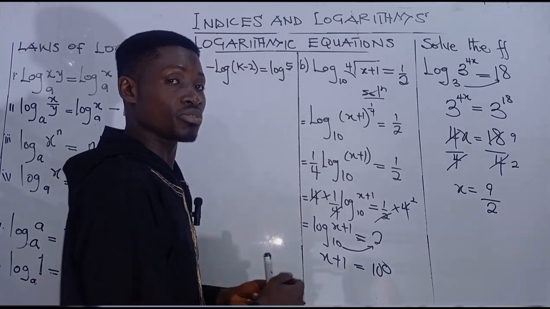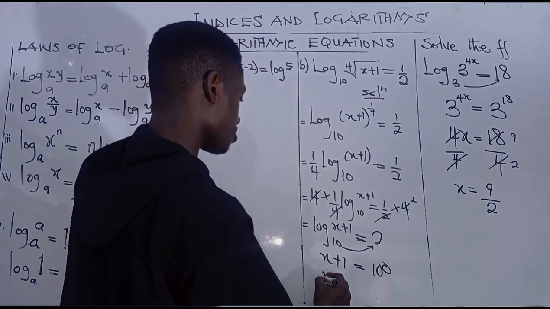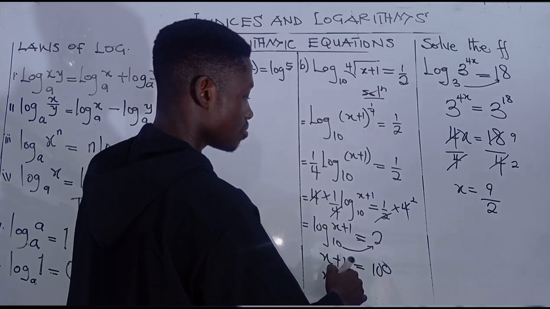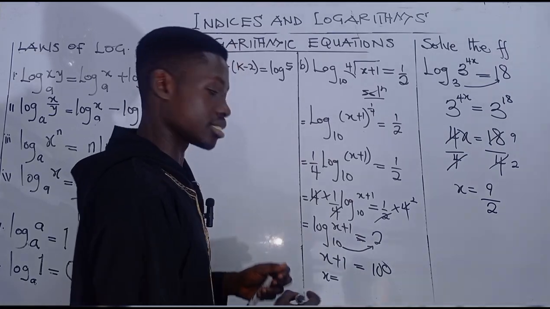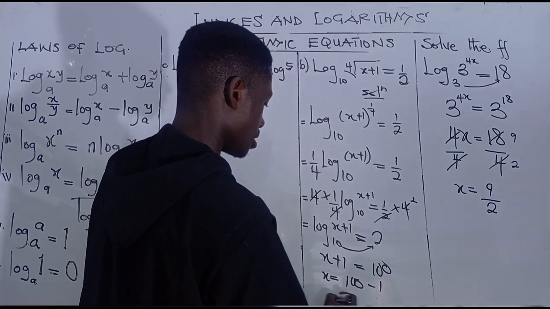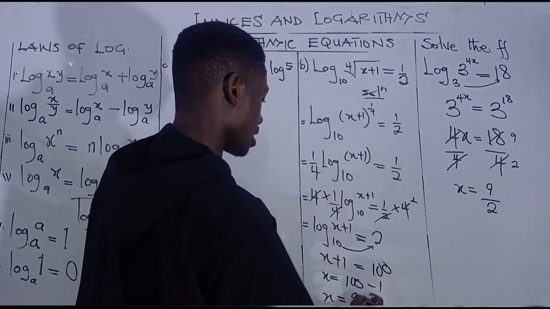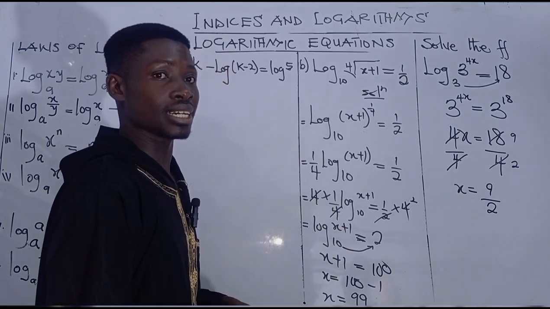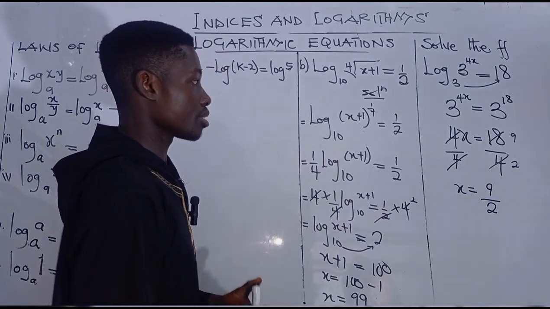Now our interest is to find the value for x. So you just have to move the 1 to the right hand side and you will have 100 minus 1. So we have x is equal to 99, as easy as ABCD.